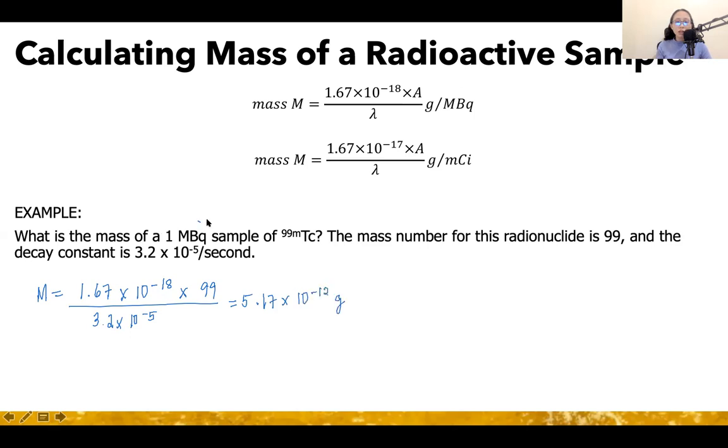So since the activity, or the radioactivity, or the rate is 1 megabecquerel, it's your choice whether to write there per megabecquerel or per gram. Per gram is actually simpler because we are given a 1 megabecquerel sample. So it's 5.17 times 10 raised to negative 12 gram.